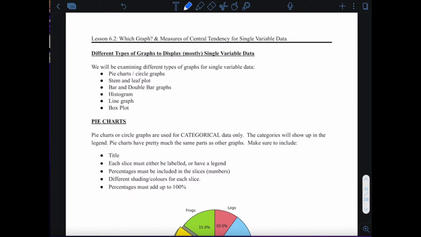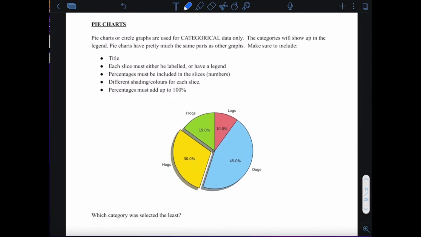that we've seen before. So pie charts look like this, and what's really important with a pie chart is that it's accurate in terms of A, the percentages in the slices should all add up to 100%, and B, they should be relatively the same, relatively sized.